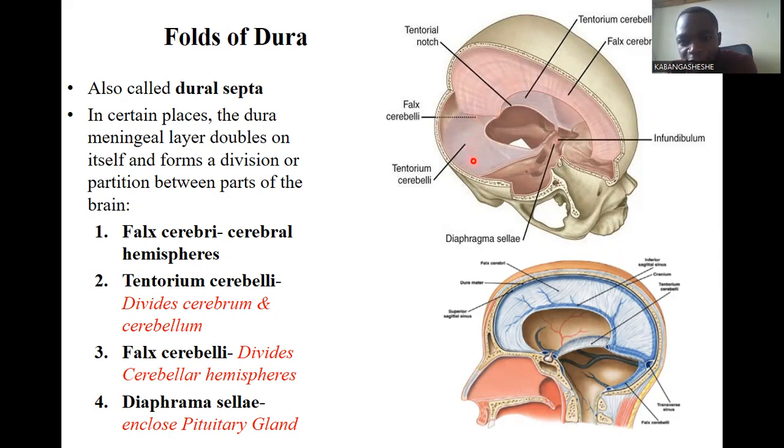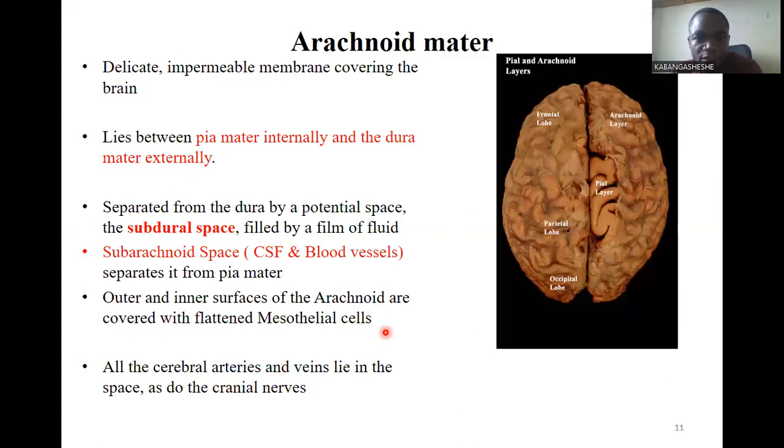Below it is the cerebellum. Then finally, you have the falx cerebelli, which divides the two hemispheres of the cerebellum. Then finally, we have the diaphragma sellae, which is an opening in the dura mater through which the pituitary gland passes with its infundibulum.